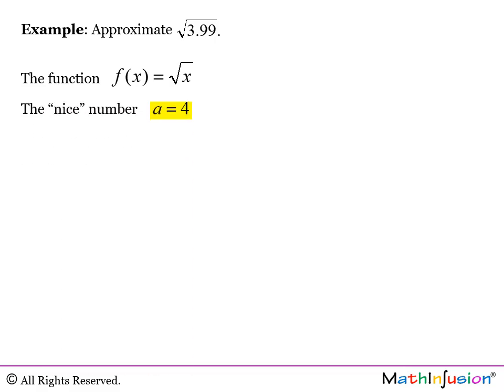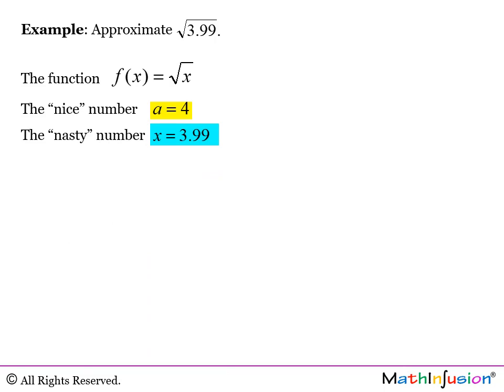Example: approximate the square root of 3.99. Now we have to figure out everything. So the function is square root of x. The nice value of x, which is the a, is a equals 4, because square root of 4 is just 2. Now we're ready to do everything. This is obviously the x.